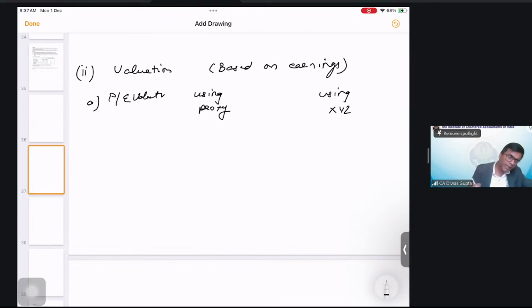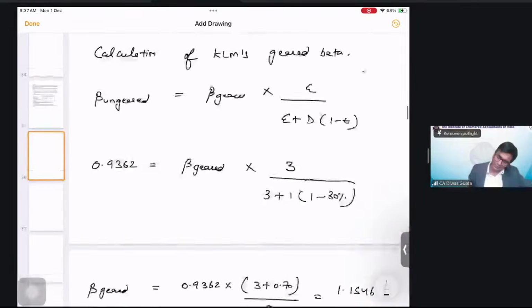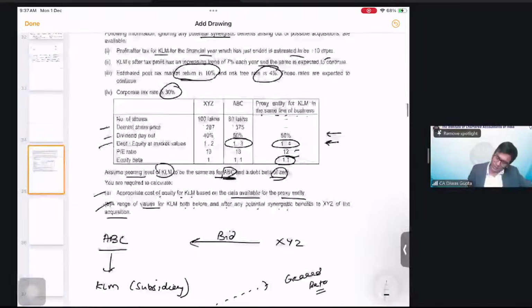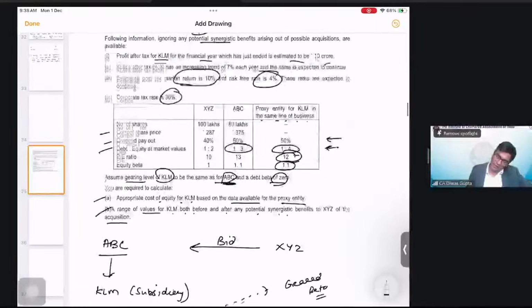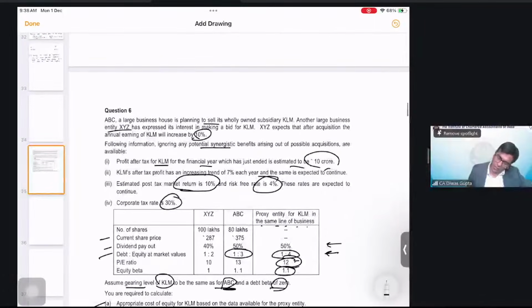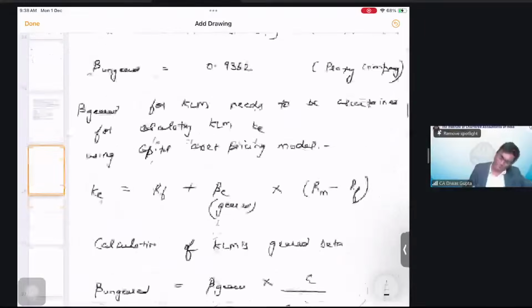PE valuation, okay? Pre-synergistic value. So what is the PE ratio using proxy? PE ratio is 12. Correct? Earnings was how much? 10 crore, right? We just saw it to be 10 crore profit for the KLM.